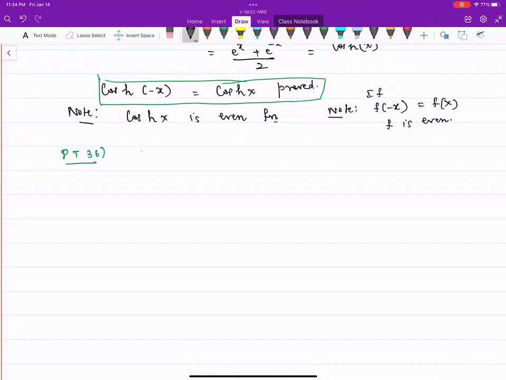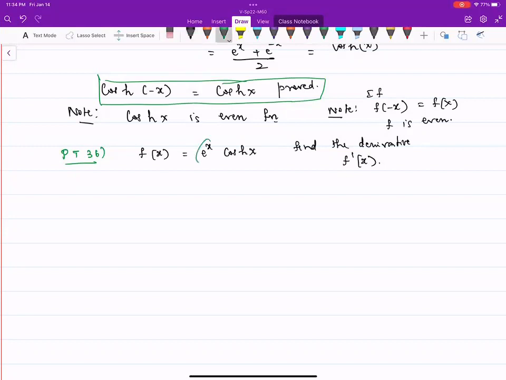So it's f of x equal to e to the x cosine hyperbolic x. The question is find the derivative. That means we are finding f prime x.